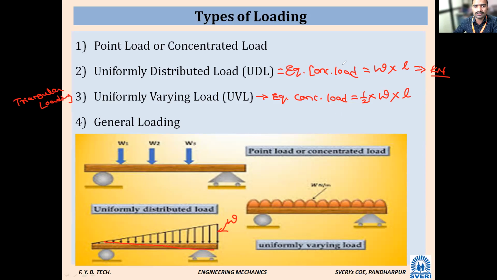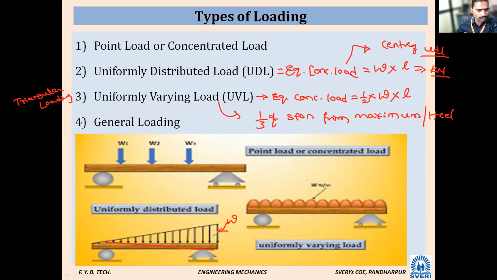The equivalent concentrated load of a UDL acts at the center of the UDL. And where will the equivalent load of the UVL act? It is at one third of the span from the maximum loading end. The maximum end is also called the heel.